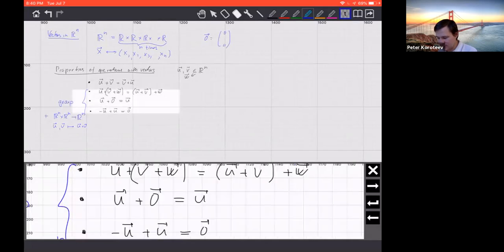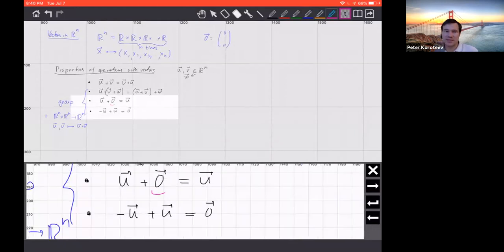Now, there is what is known as the unit element, 0. If you add this element, nothing happens. So u plus 0 is equal to u. And also there is an inverse element: for every element u, there is an inverse element such that if you add them together, you'll get 0, the unit.